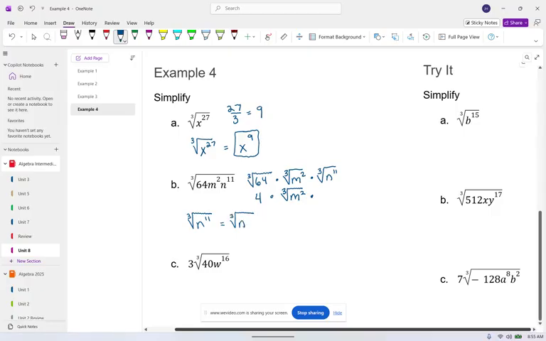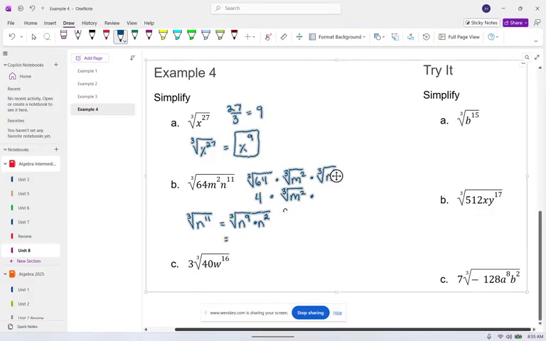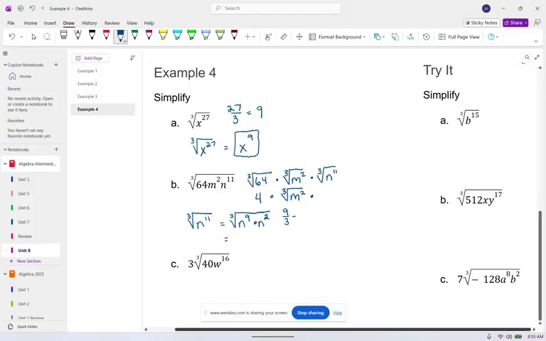So we'll rewrite this as n to the 9th, and then times n, and we have to see what we have left over. To do that, we'll just do 11 minus 9, which is 2. So we can rewrite this as the cube root of n to the 9th times n squared, and the cube root of n to the 9th, 9 divided by 3 is 3.